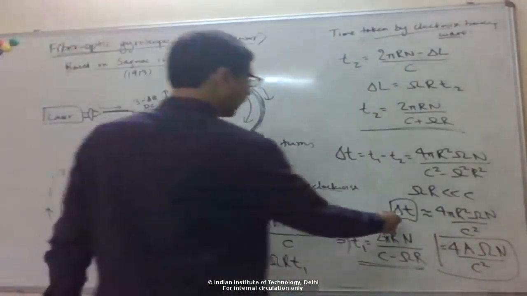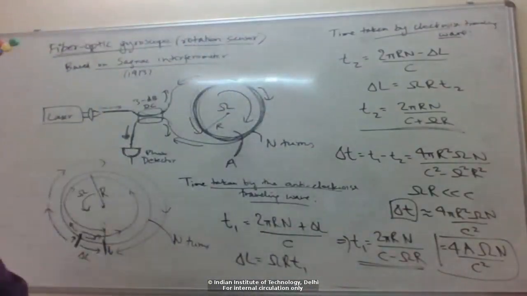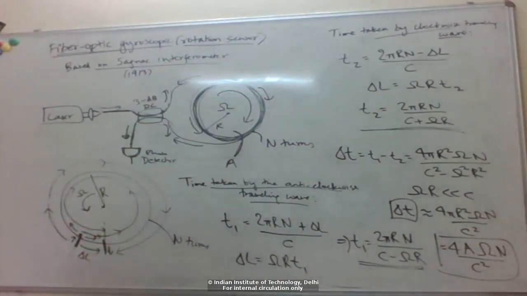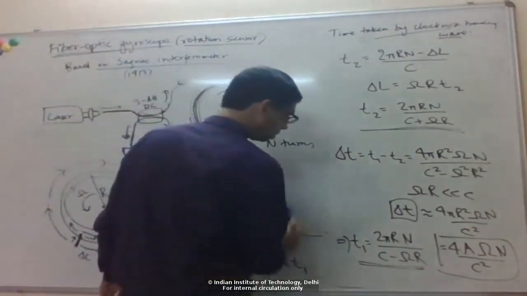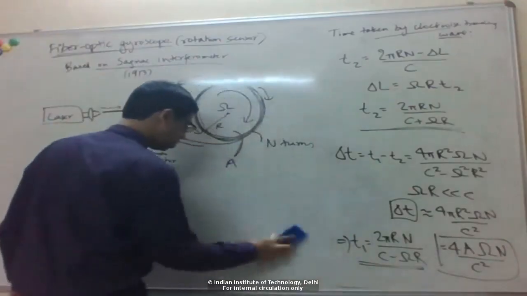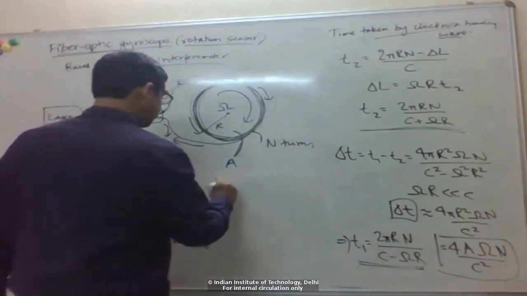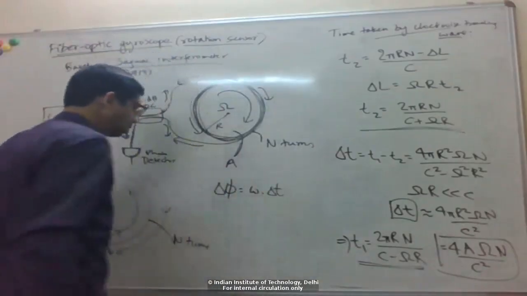Now this difference in time will give me a phase shift between the two paths. Because the temporal phase goes as omega times t, the difference in phase would be omega times delta t.